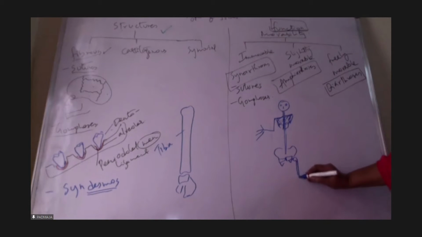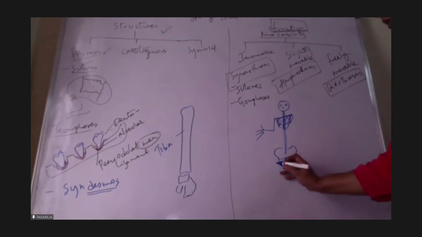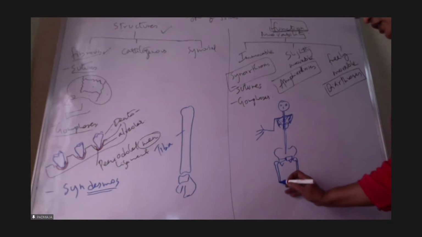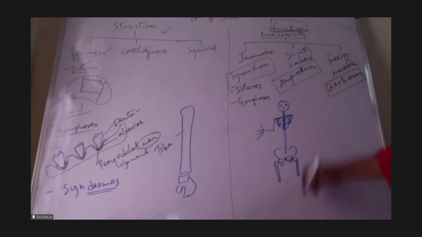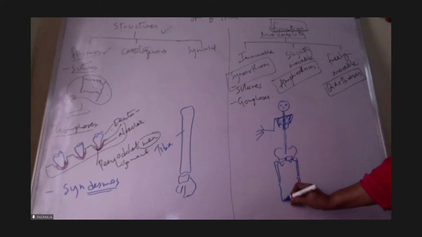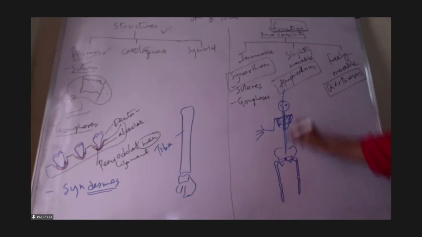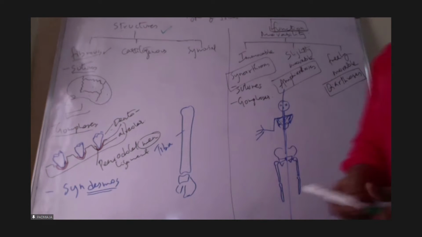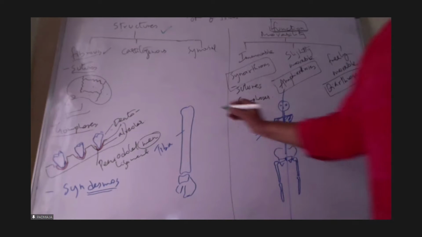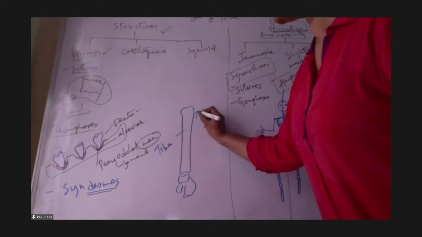And next it is tibia. On your long axis, exactly directly under the femur, it is tibia. So inner line, median line, it is tibia. Outer margin for fibula, I'm giving green color. Yes, outer margin.